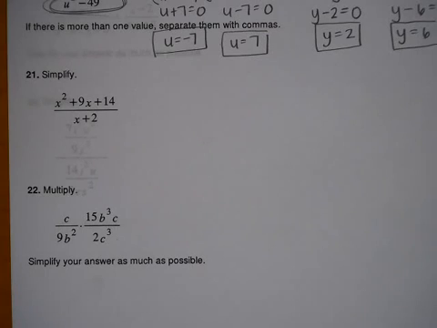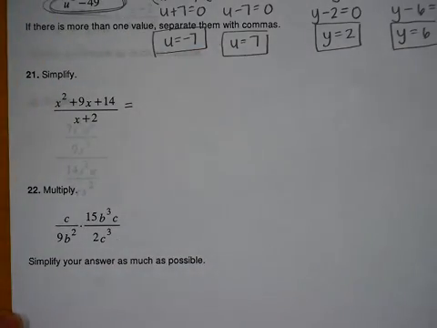After you factor, then you're going to cancel things out. It doesn't matter as long as one's on the top and one's on the bottom. They can be across from each other, or immediately on top and bottom. But if one's on the top and one's on the bottom and they're exactly the same, then they can cancel. So let's look at 21.